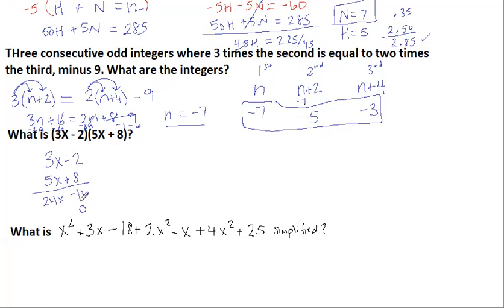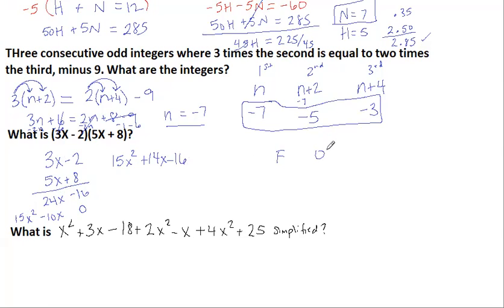You could put a 0 here if you want to. 5x times a negative 2 will give me negative 10x. And then 5x times a 3x is 15x squared. Now they're stacked very easily to add them together. So you have 15x squared. 24 minus 10 is a positive 14x, minus 16.